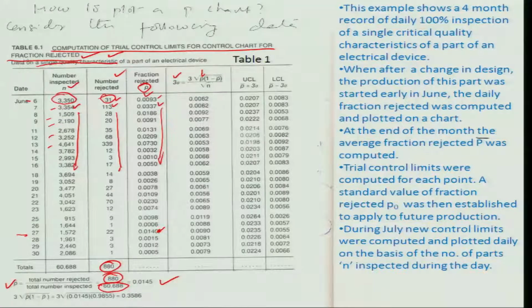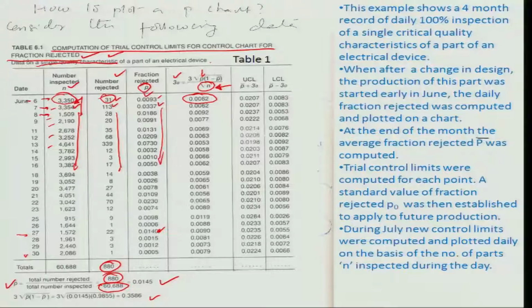So, you put the p dash here, and what you need to do is keep varying n, because as you know the subgroup size every time is varying in this case. You only need to vary the subgroup size, which is quite variant across the different days, June 6th all the way to June 30th. Every time the number of inspections on a particular day is quite different from the others.